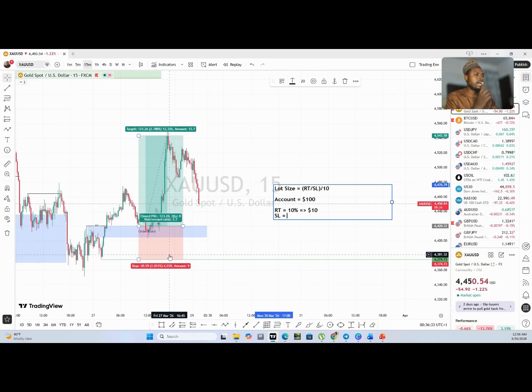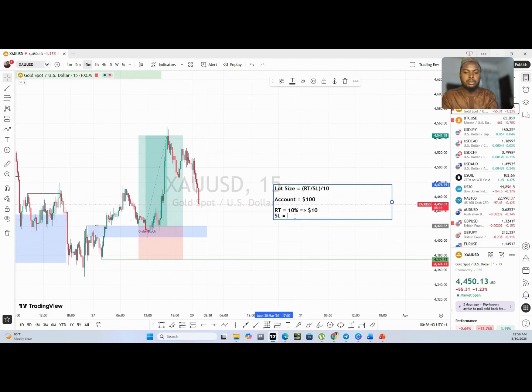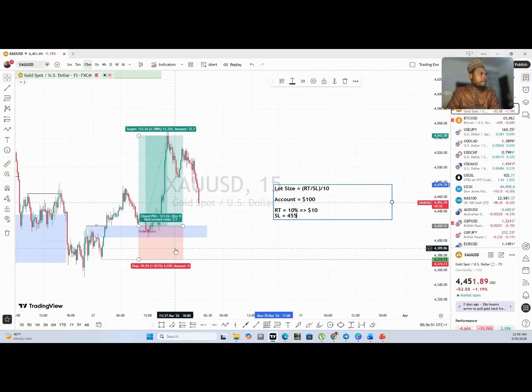This is that middle number, 4,559. These are my stop loss in pips, which is let's say 4,000 five five, 9,000 like pips.